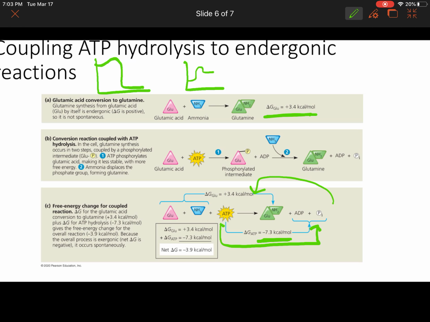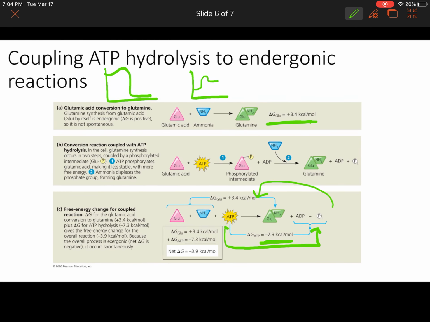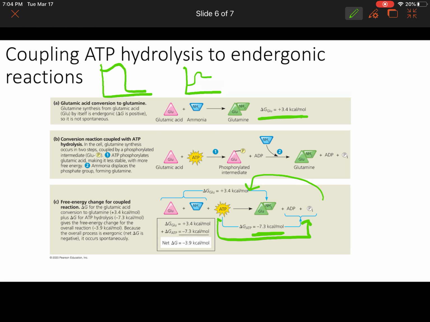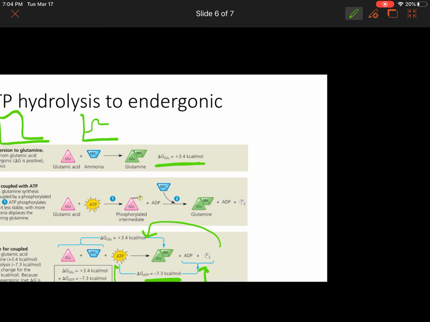Notice that our activation energy that's required for our endergonic reaction is less than the free energy change, the delta G, for our ATP hydrolysis. So cells can couple ATP hydrolysis to a variety of reactions as long as the necessary energy is significantly less than the amount of energy released from ATP hydrolysis.